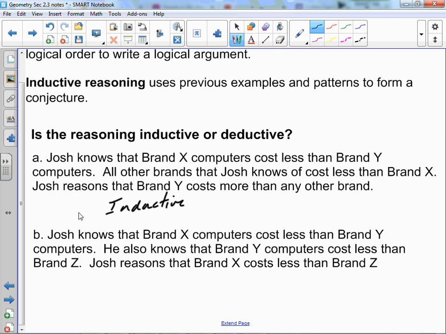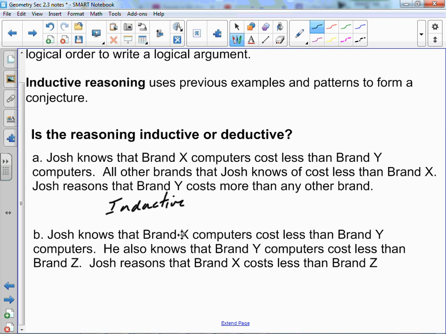Right. And B, Josh knows that brand X computers cost less than brand Y computers. He also knows that brand Y computers cost less than brand Z. Right. He can see the price of X, knows it's less than Y. He sees the price of Y, knows that it's less than the price of Z. So he reasons that X costs less than Z. So Y is that one in the middle, right?